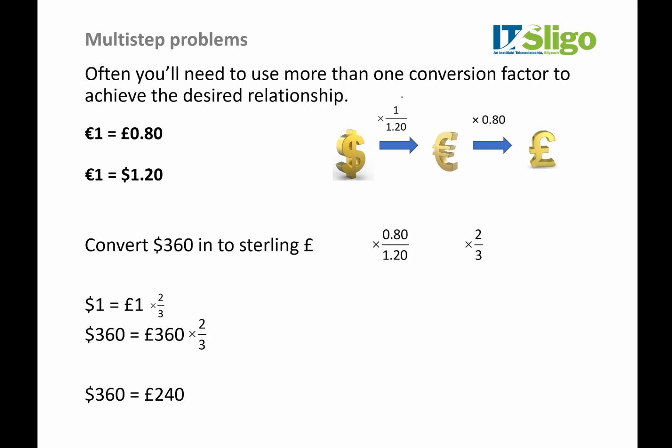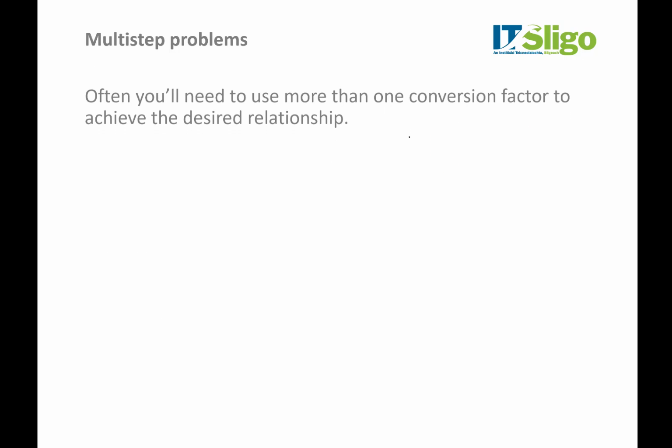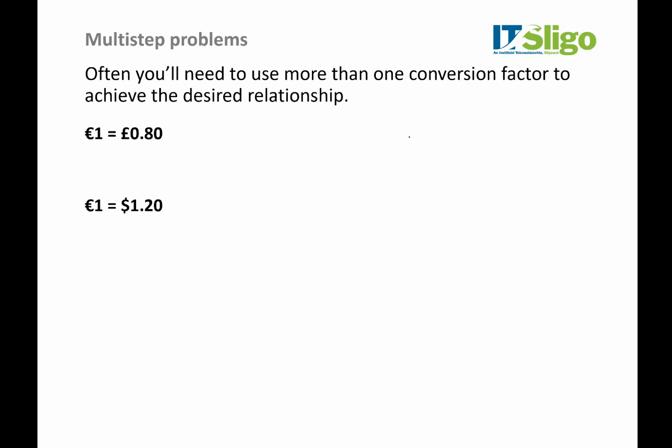So you can see what I mean, guys, is we have to chain together our conversion factors. And obviously I could have the South African rand tacked on again, so we'd need a conversion factor from sterling into rand, etc., and we'd multiply again, but we haven't developed a problem to that level. Just a similar example, just going back the way.